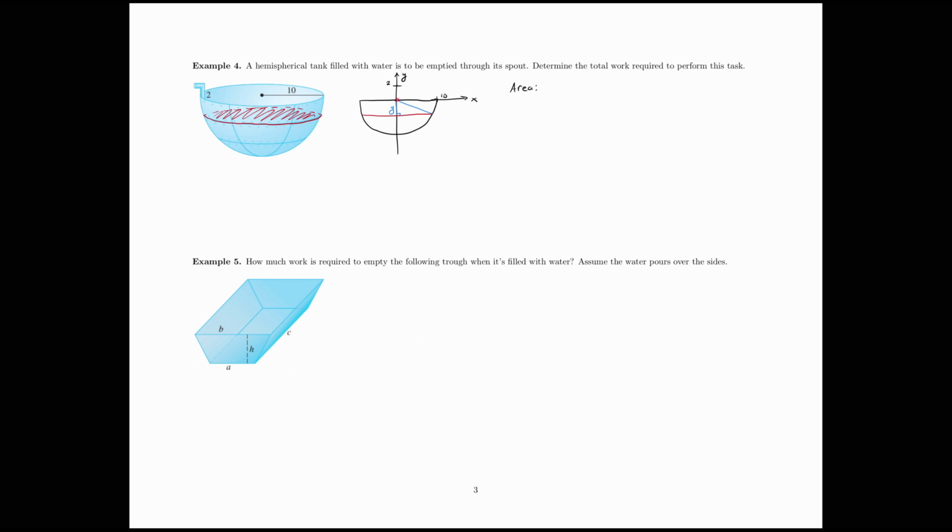That's the definition of a radius. So this is also 10. And then this radius that we want to know is of course going to change depending on what the value of y is. So this half here, I'm going to call r.